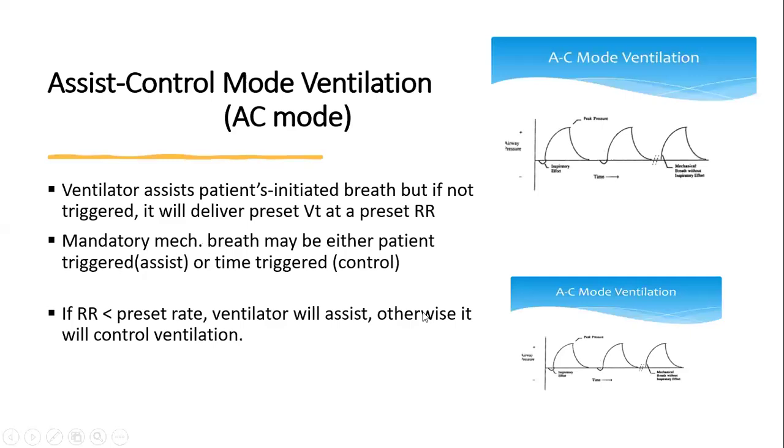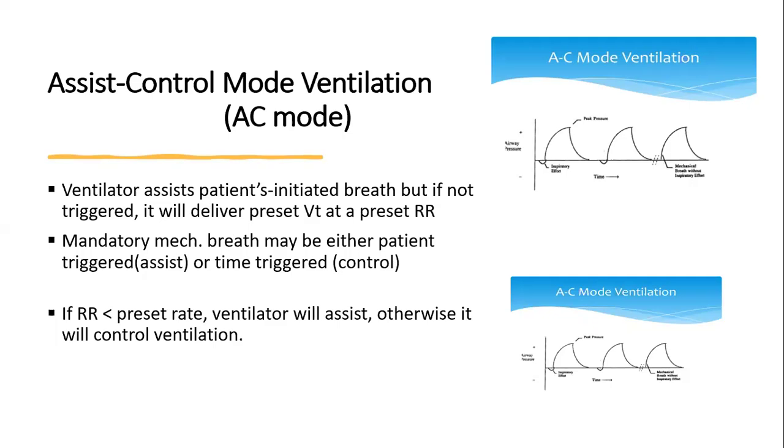So this is our darling in ICU, the assist control mode ventilation. You can see on the right side of the screen that this is different from the mode we saw before, the volume or pressure controlled CMV. In assist control mode, the ventilator assists the patient's initiated breath.